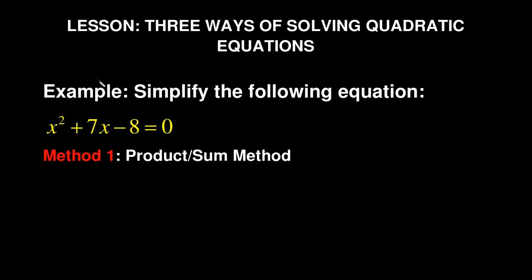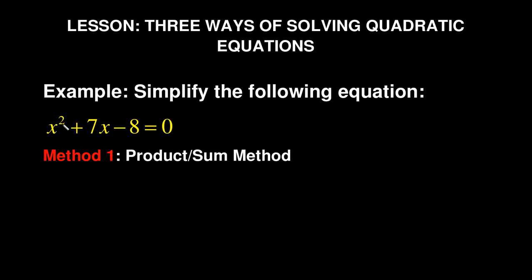Solving quadratic equations can be done in 3 different ways, and in this lesson, I'm going to show you the 3 ways in which you can solve a quadratic equation. I'm giving an example here. It says solve the following equation.